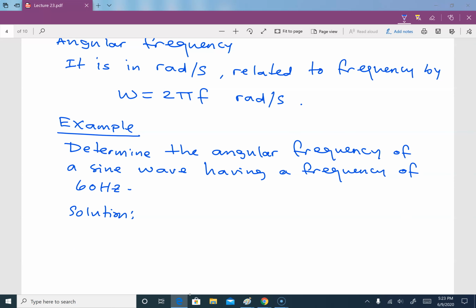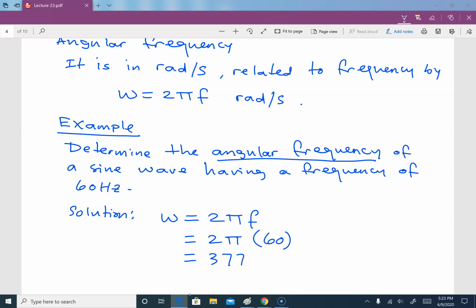To get the solution, since we are asked about angular frequency, omega is equal to 2 pi f, and that is 2 pi times 60, which is 377 radians per second. This is our answer.